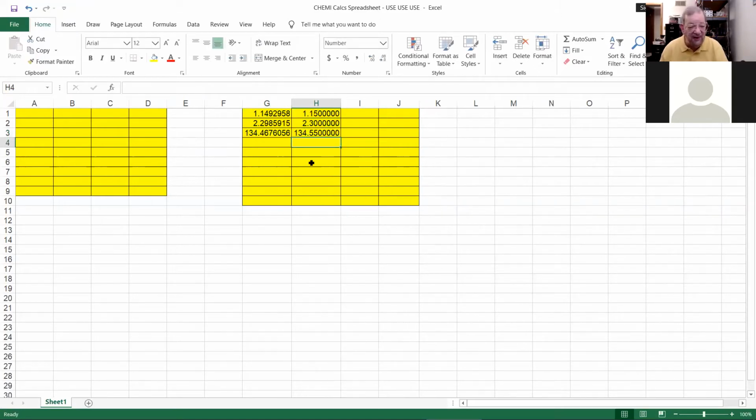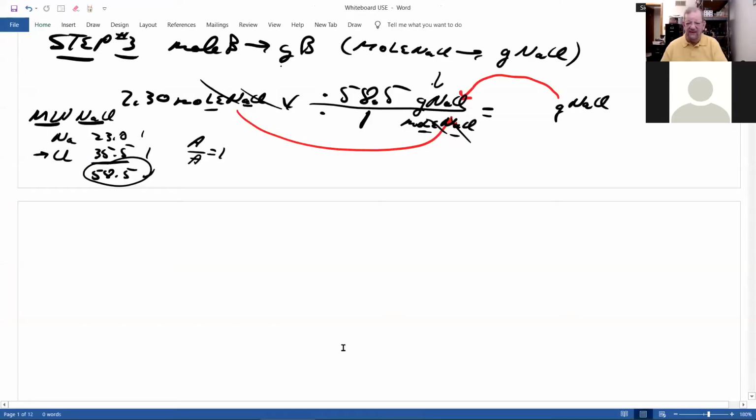And now if I round it off, actually this time we'll get a little different. This one will round off to 134 grams. Forget about the zeros. In column H, the 134.5, the three significant figures would be 135. So for my test, either one is correct. Because I'm not going to force you to round off at each step like I do.